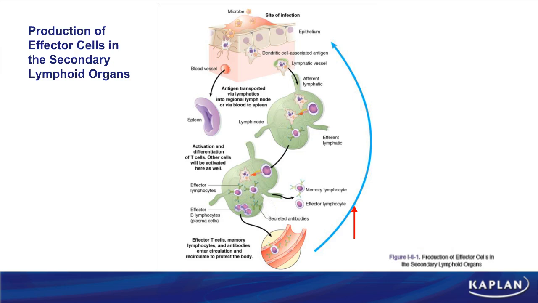It's just going to lyse and kill infected cells. And if we're talking about an effector T helper cell, we're talking about a cell that really has complete control of the immune system through the production of cytokines. And Dr. Ali is going to take you through the development of those T helper subsets.